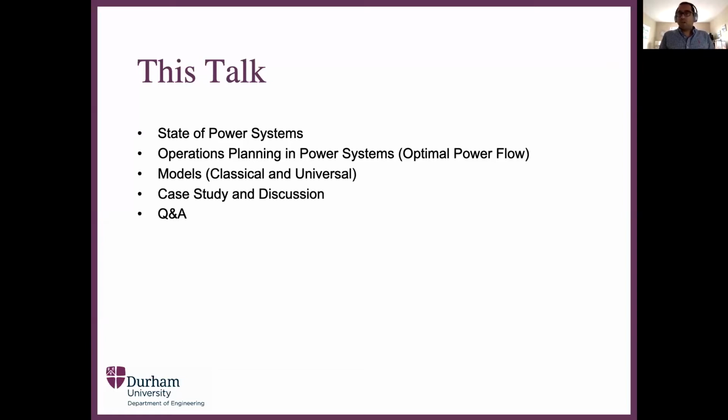What do we mean by operations planning, and where does the optimal power flow come into this whole idea of operations planning, and how network operators use optimal power flow. Then I'm going to talk about models. These are mathematical models of the network elements that we use to integrate into the optimal power flow.